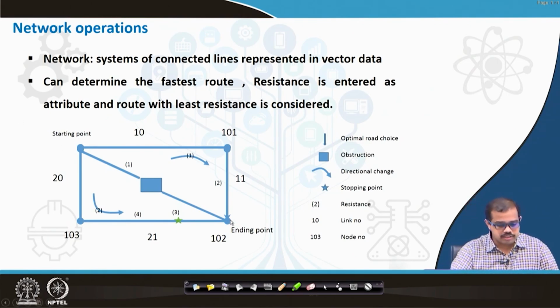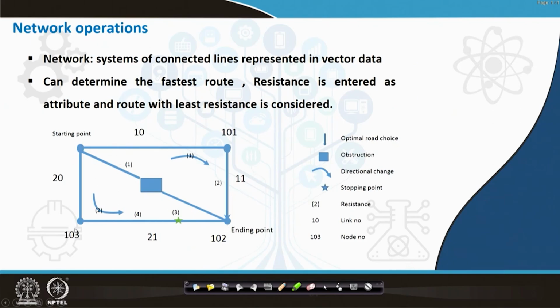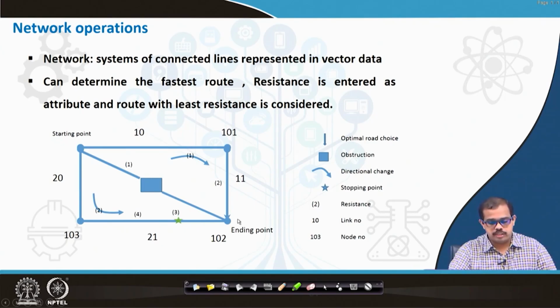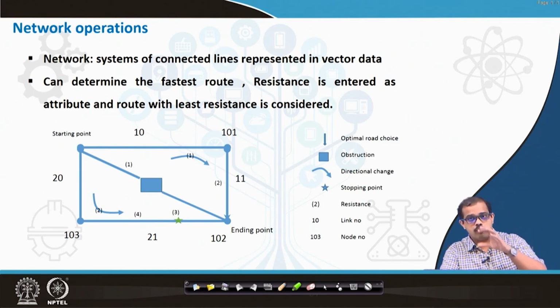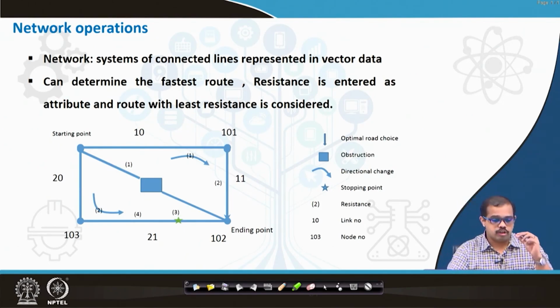This can be your shortest route, okay. There may be another route which is reaching here, and another route which is reaching this point. So, there are different nodes, different stopping points, different obstructions, etc. Based on the best travel route, that is how you travel for your particular operation. That is basically what network operations are, okay.